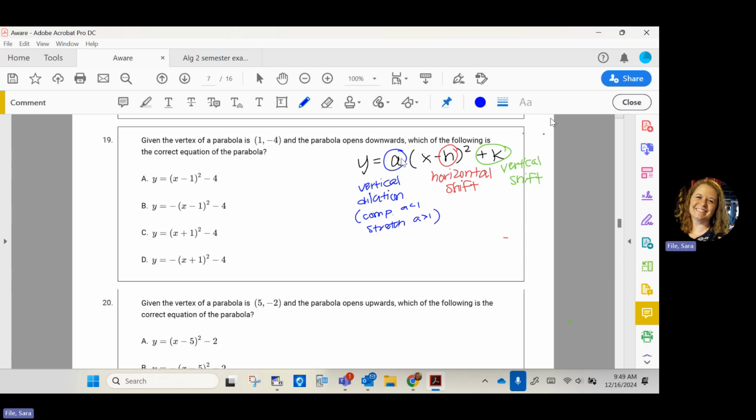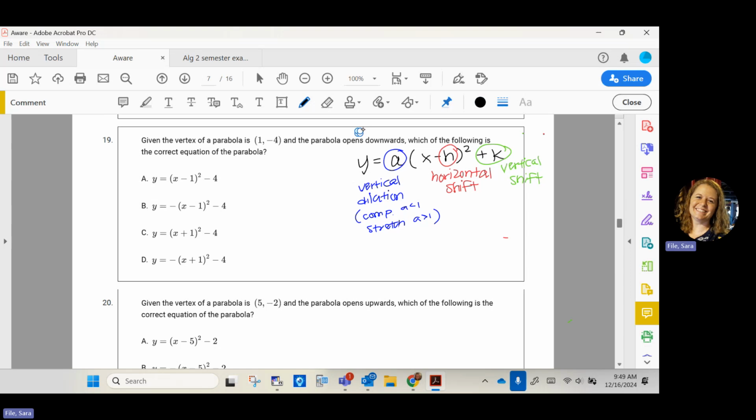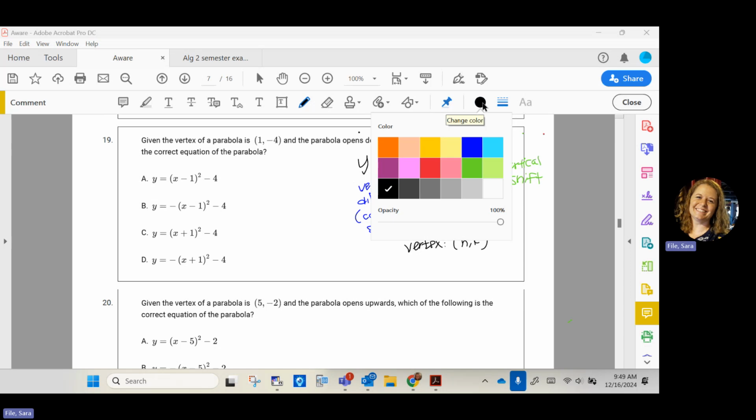Okay, so now they're telling you your vertex. Remember that your vertex is (h, k). That's telling you that horizontal and vertical shift. So they're telling you that this graph is shifted. It's a positive h of 1, it's to the right 1, but in the equation, that's going to be a minus. So it's going to be -1 inside and then a -4 outside, what we're looking for.